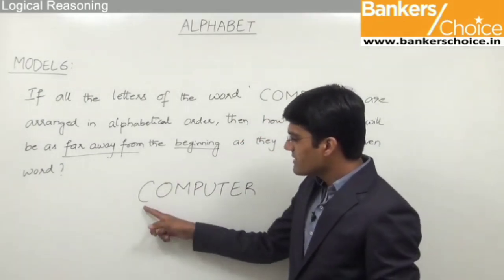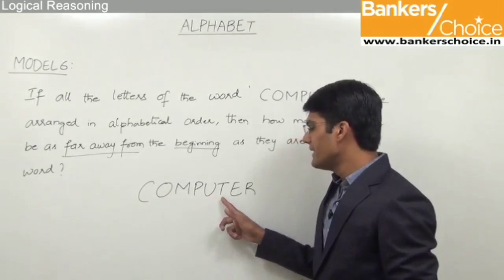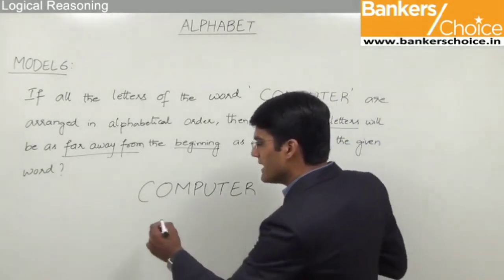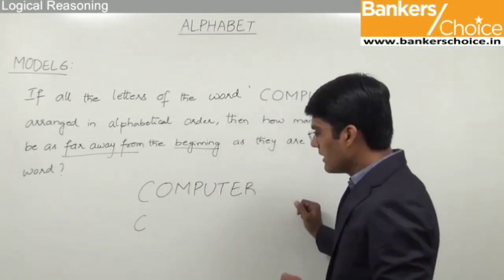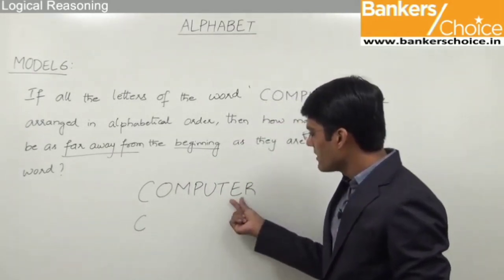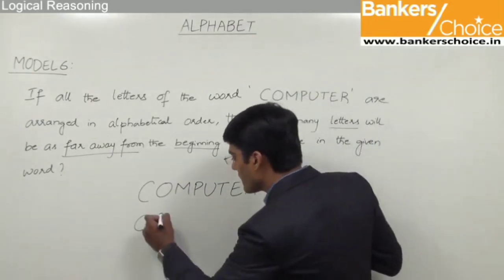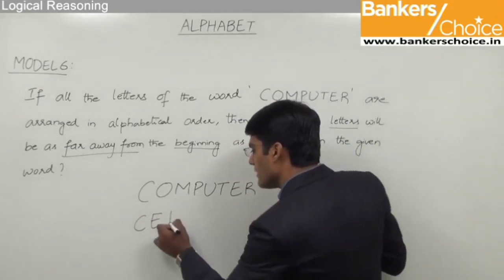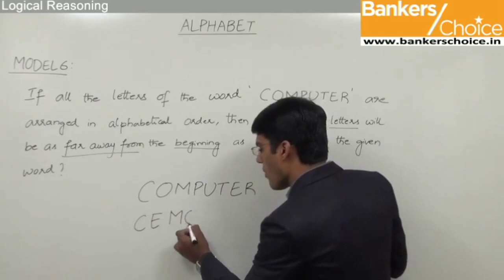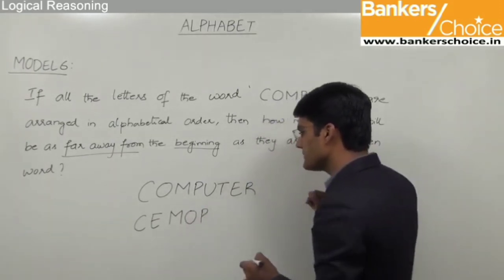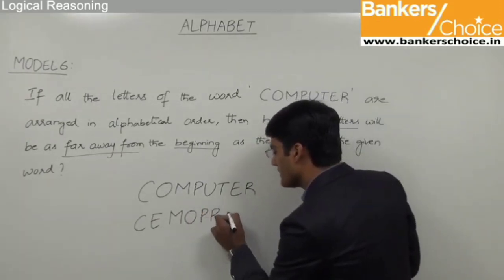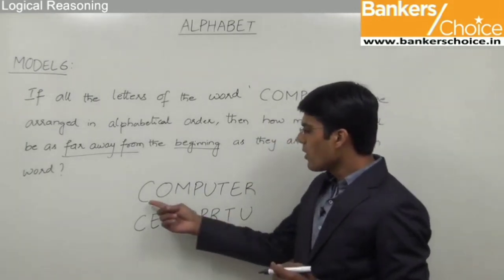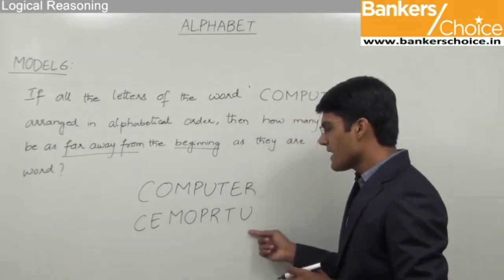Now the letters here are C-O-M-P-U-T-E-R. If we try to arrange them in the alphabetical order, the first letter would be C. The second letter which comes in alphabetical order here should be E, followed by the letter M, which is followed by O. Then comes P, then R, T, and finally the letter U. So as you have seen here, all the letters have been arranged as per the alphabetical order.